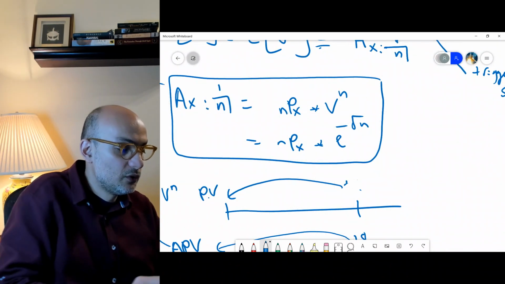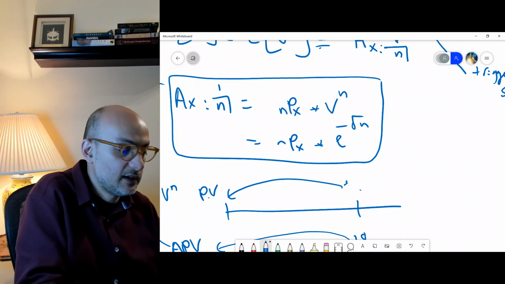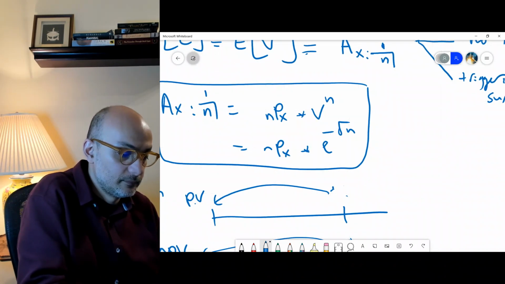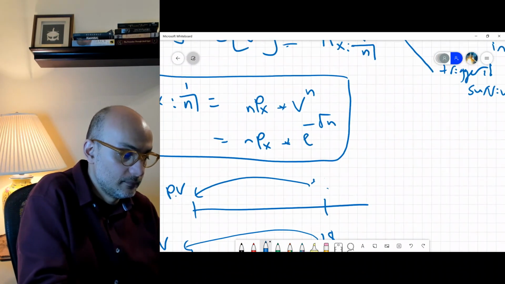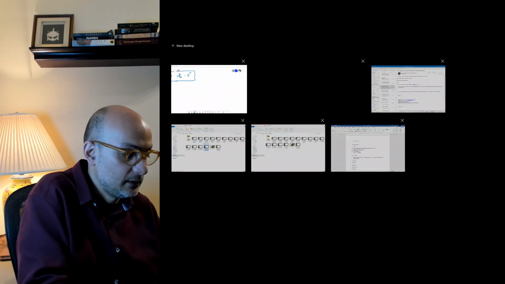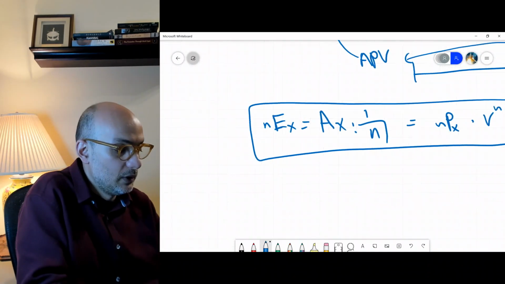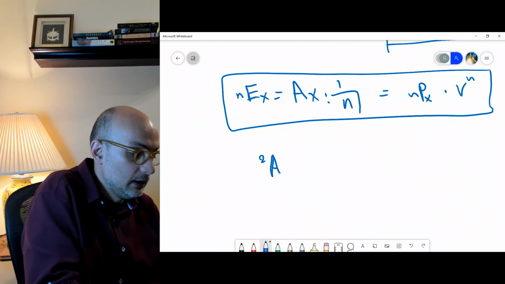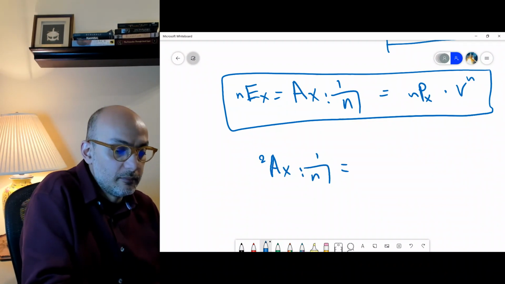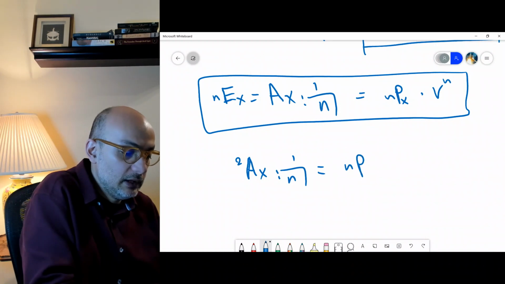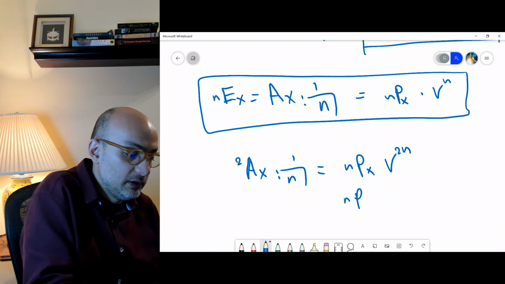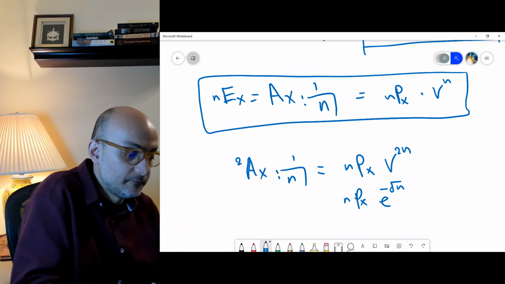Now, we looked at this first term. What if you want to calculate the second term? Let me write it here. What if you wanted the second moment, 2A x n? It's simple. This is n p x v^2n. You can write it as n p x, the survival, multiplied by e to the minus 2 delta n.